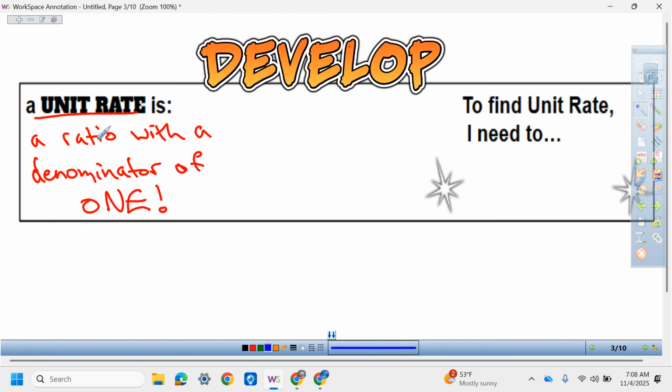So it's any ratio with a denominator of 1. As an example, something you might hear very often is 45 mph. What does mph stand for? Well, if you've ever looked in a car, that would be 45 miles per 1 hour. That is a unit rate.